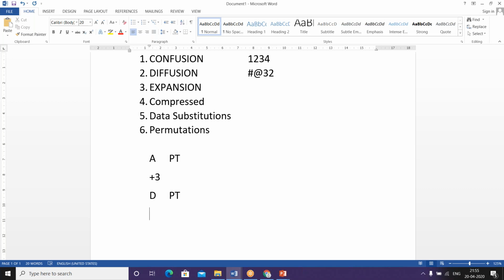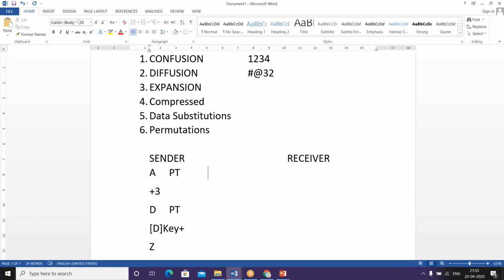Now I'm going to encrypt this D with the help of a key. After encrypting this D with the key, I get Z. Now this is from the sender side. So what will the receiver do?